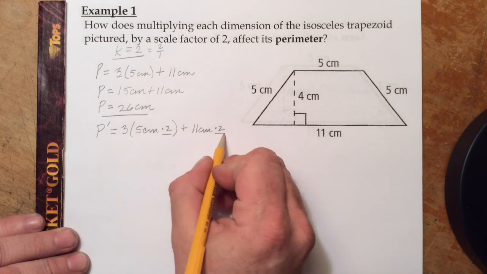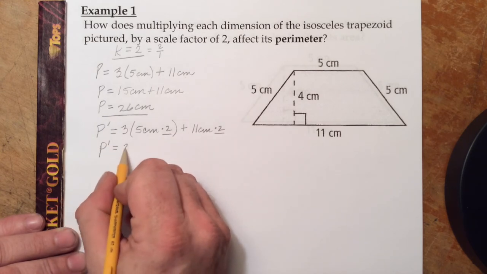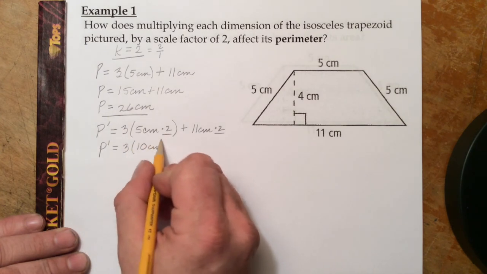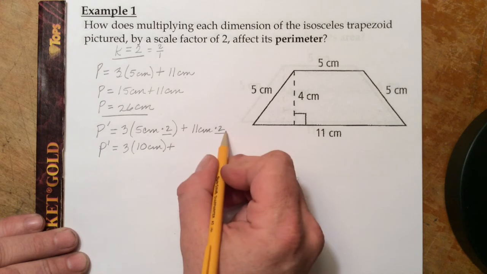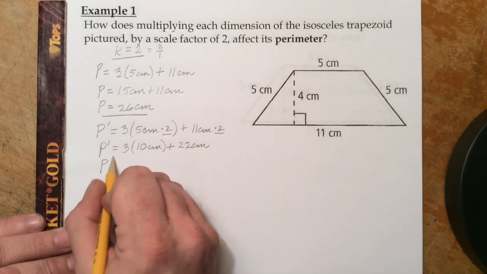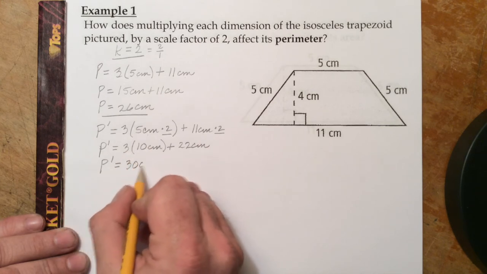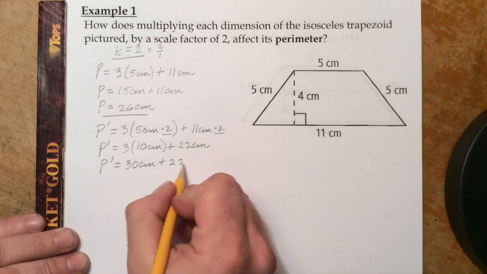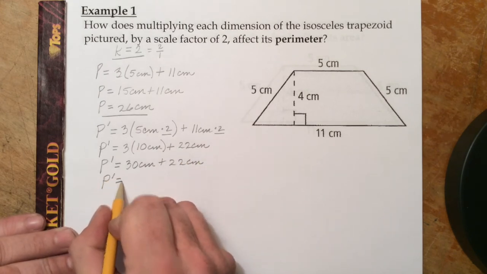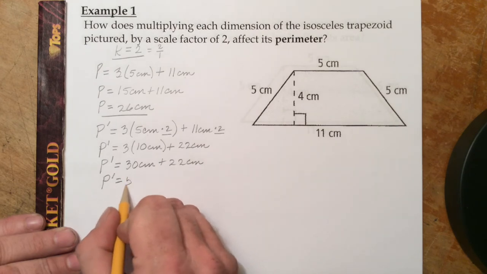P prime would be 3 times 10 centimeters, or 30 centimeters, plus 22 centimeters, which gives us 52 centimeters.